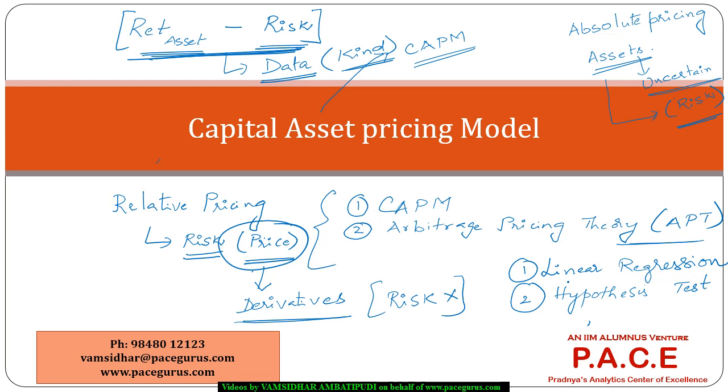So this is what we are going to deal with. We'll get the data, and based on the data we will try to compute the CAPM, the capital asset pricing model, for a security.